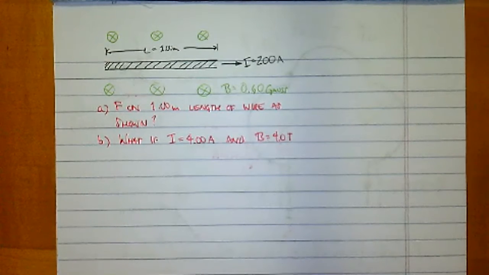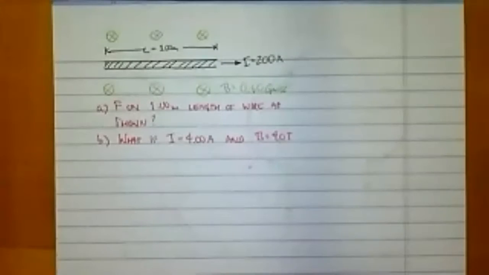So it's probably not a horrible guess at how much current might be running through a particular wire over a high field. Obviously, if they're serving more than 10,000 houses, it'd be a bigger amperage. And then part B, I'm going to ask you to consider the same sort of wire. This time it's only carrying on the order of 4 amps, which is still a significant current, but the magnetic field is going to be really huge.